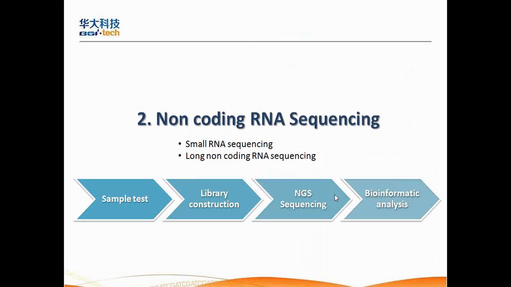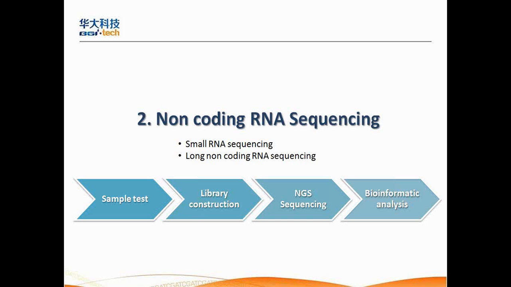So what I was just talking about is how we sequence the mRNA. The messenger RNA, those RNA can be translated into protein and can be involved in some biological processes. And I tried to talk about how we collect samples and how we generate libraries and how we did sequencing and how we did bioinformatics analysis.